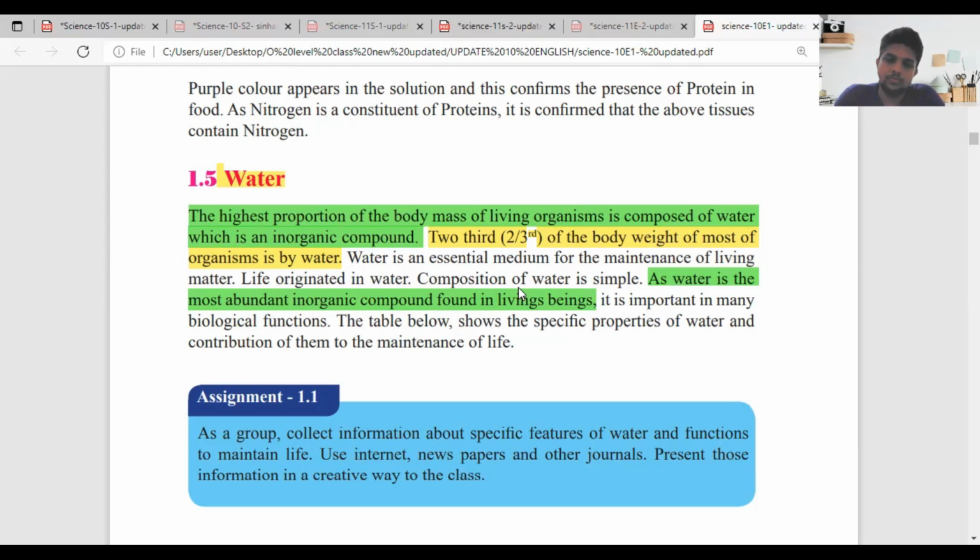Then write down the next point: two-thirds of body weight of most of the organisms is by water.